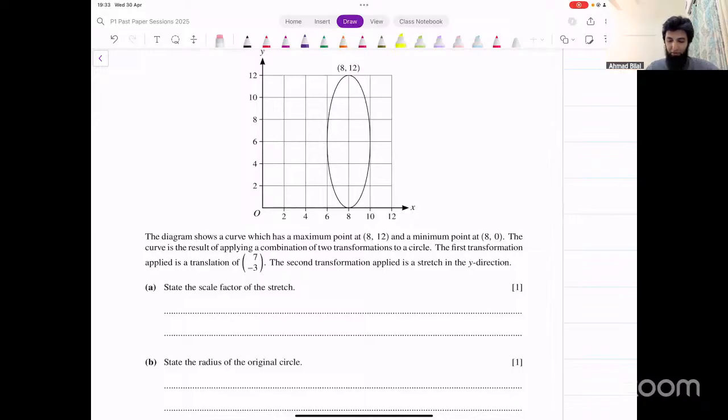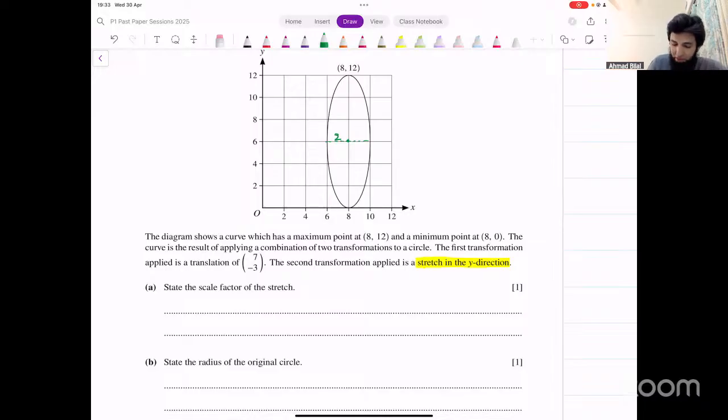Okay, now, how do we think about this? Stretch is in the y direction. So that means there's only vertical stretch. There is no horizontal stretch, right? If there is no horizontal stretch, we can say the radius of the circle is going to be this. What's this? A length. This is 2 units. So the radius is 2 units. So originally it was a circle.